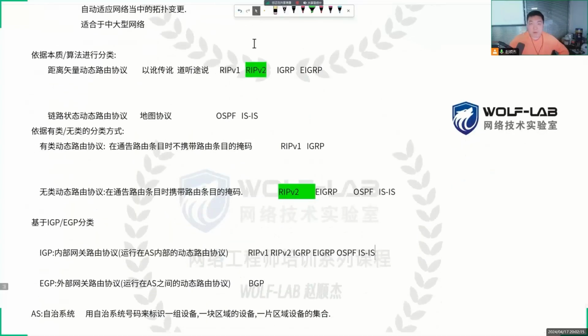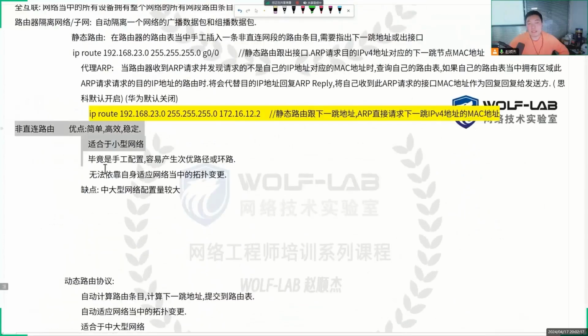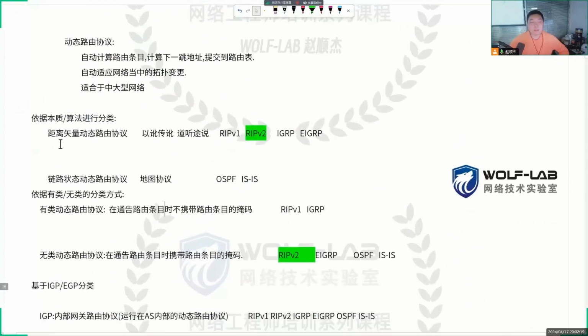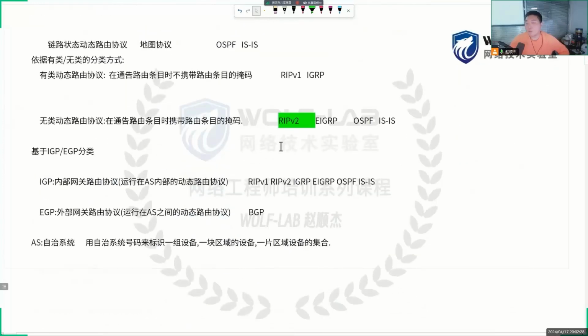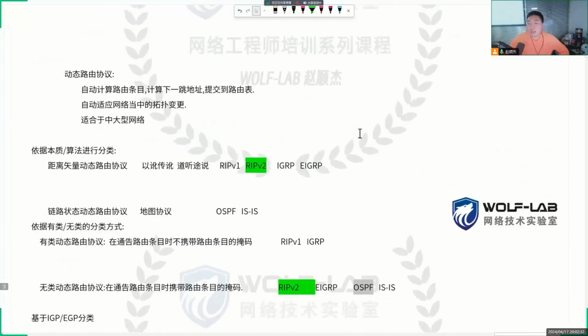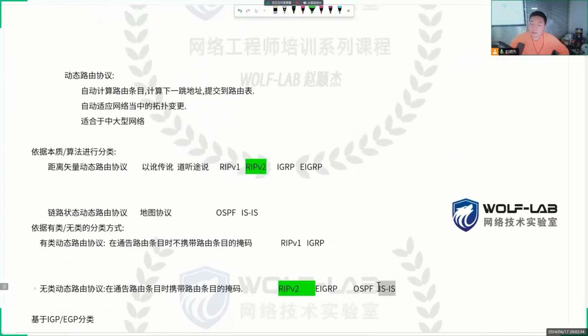Next, in our NP phase, we will start with distance vector routing protocols, talking about EIGRP. After EIGRP, we will talk about the link state routing protocol, OSPF. ISIS we won't discuss in NP, because it uses the same algorithm as OSPF, so the working principle is roughly the same.